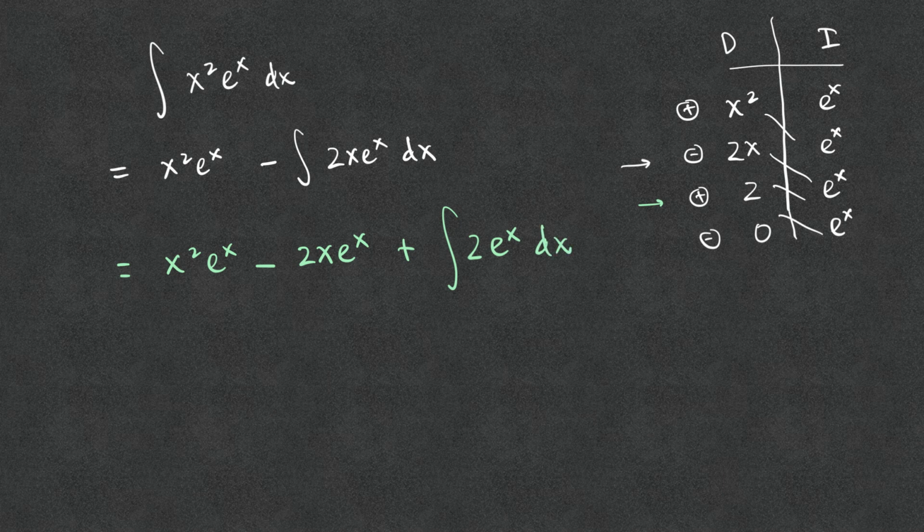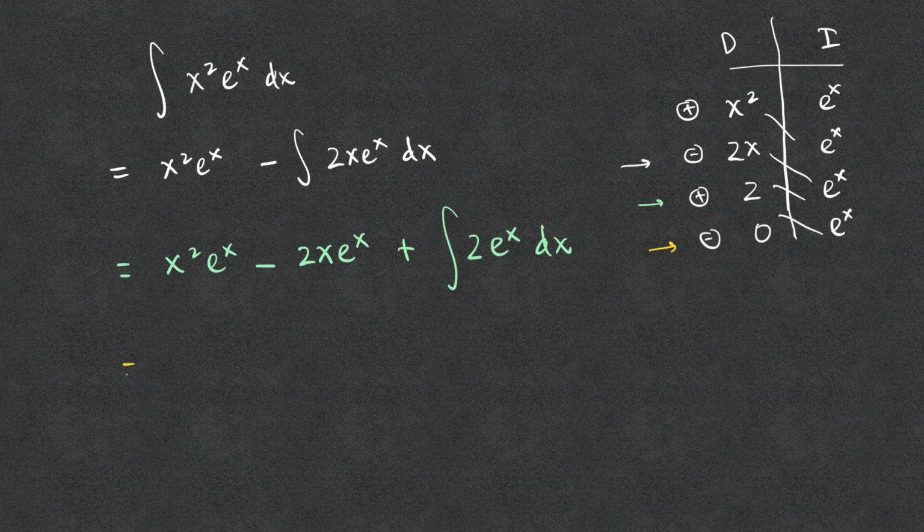Similarly, if we decide to stop in the last row, then the answer will be x squared times e to the x minus 2x times e to the x plus 2 times e to the x minus 0 times e to the x, and put that product in the integral sign.